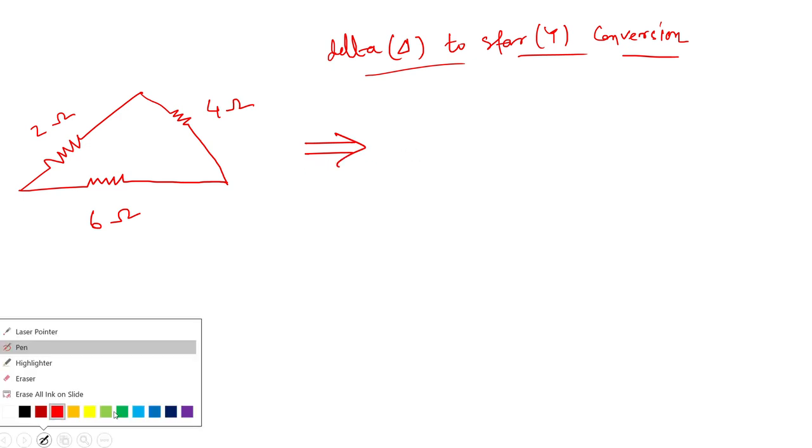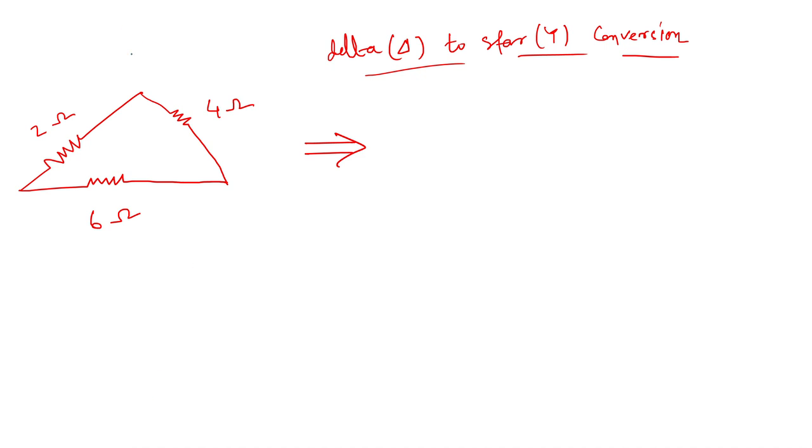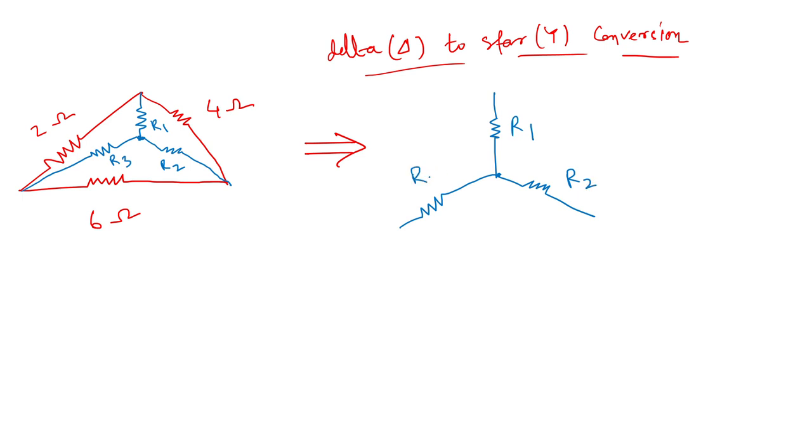So star means here I can say this one. Okay, suppose this is R1, this is R2, suppose this is R3. Okay, so that means star means this is R1, this is R2, this is R3.